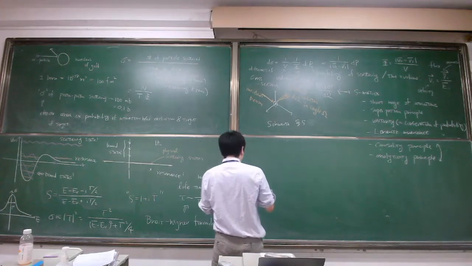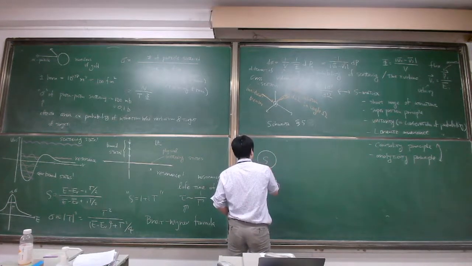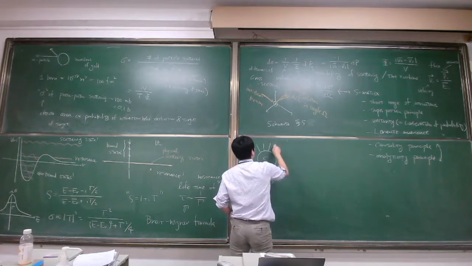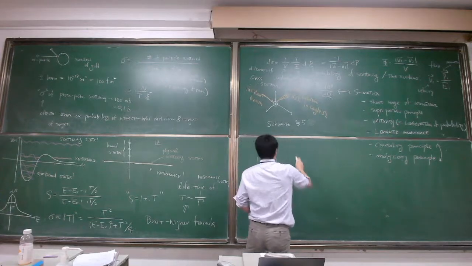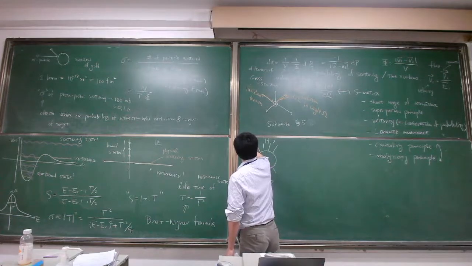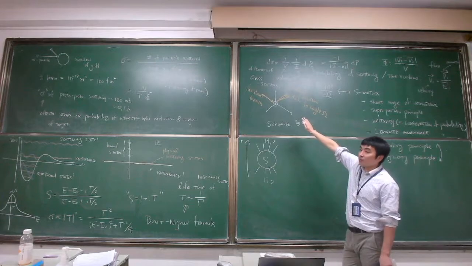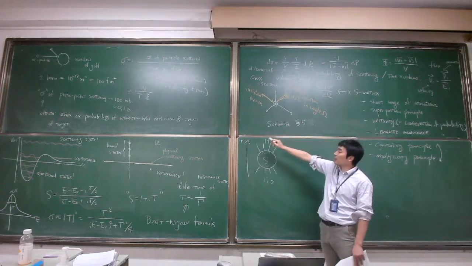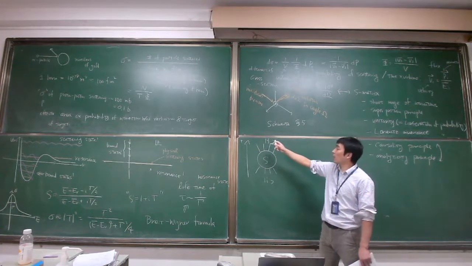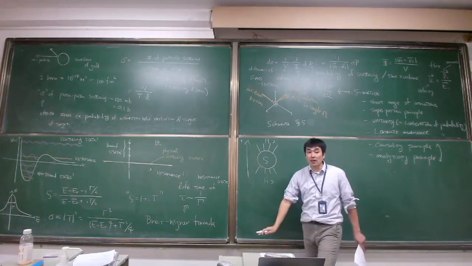Now we consider the S matrix between initial and final states. At future infinity, the final state is just a plane wave solution, and the initial state is at past infinity, t equals minus infinity.